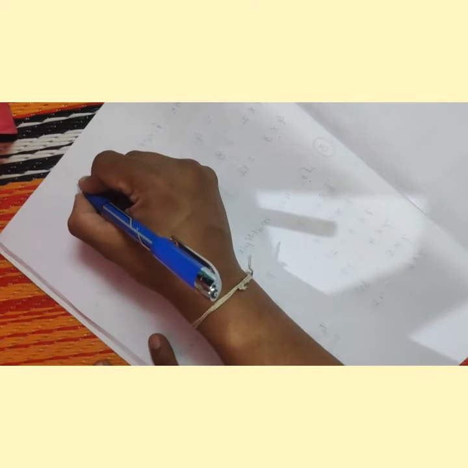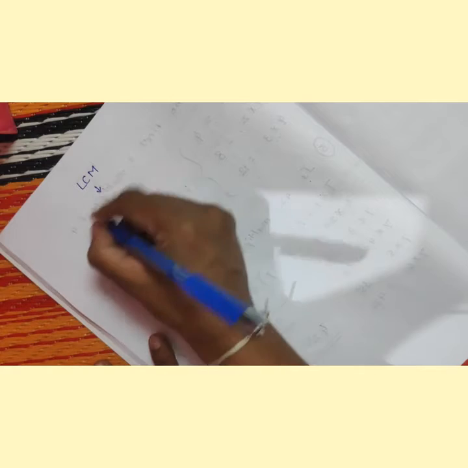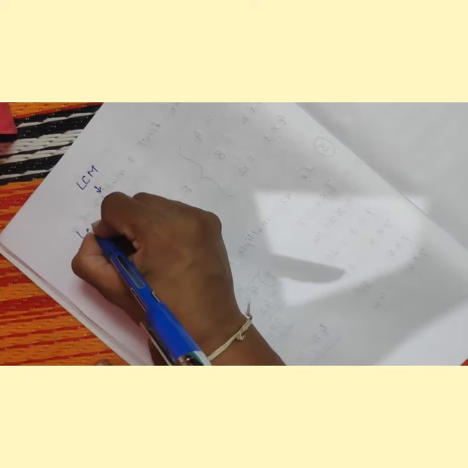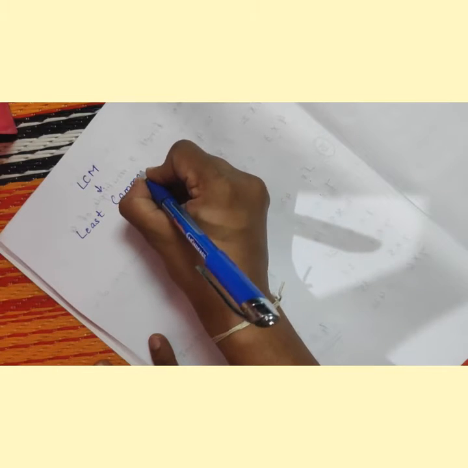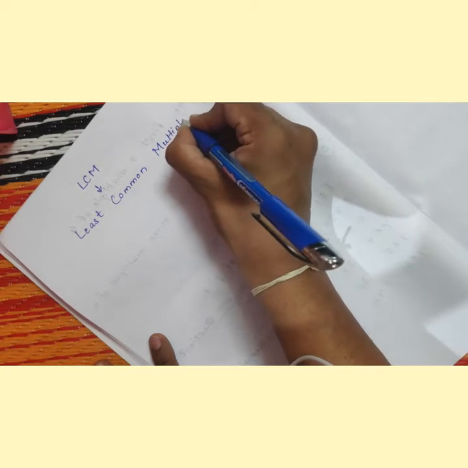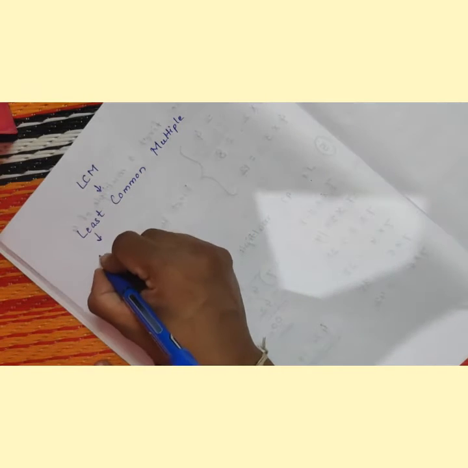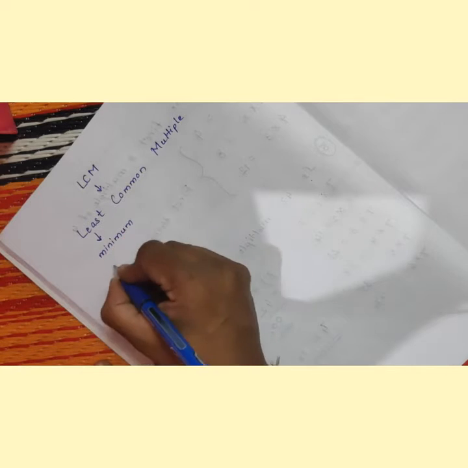Now we will start with LCM. What is LCM? LCM stands for least common multiple. Least means the minimum number, the smallest number.